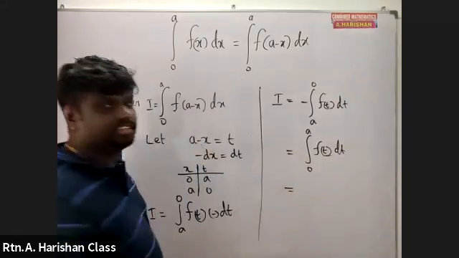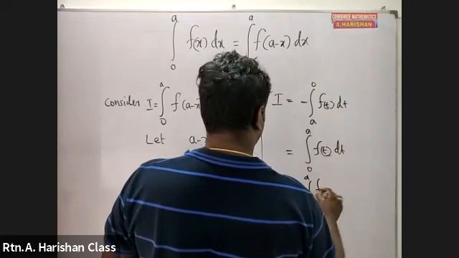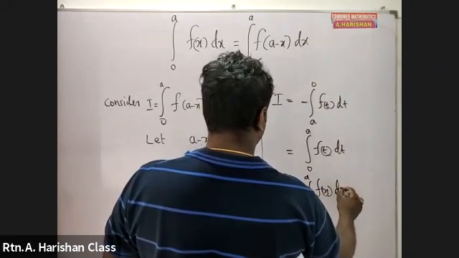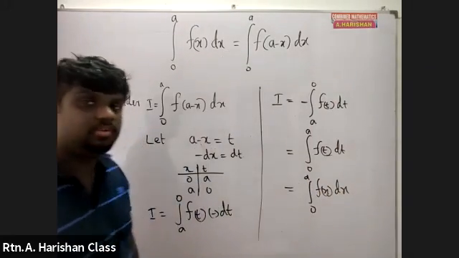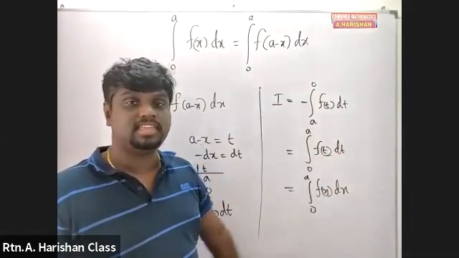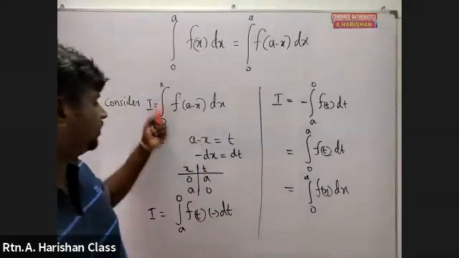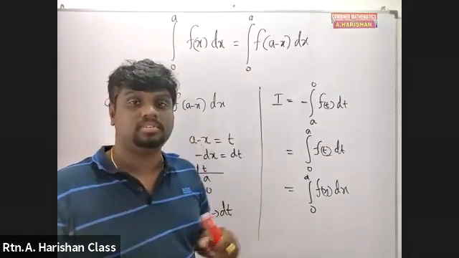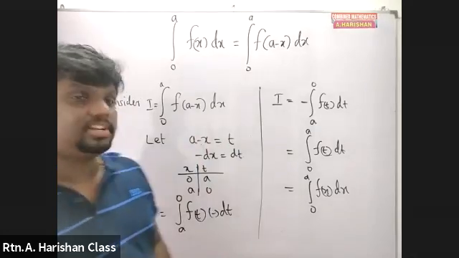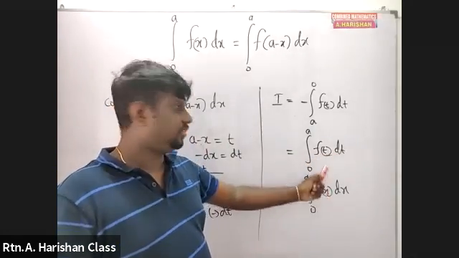So finally, I can write without hesitation 0 to a f of x dx. I can write without any problem because now you understand. Because with f t dt, some students may ask, f t dt means t equals x, no, but you took a minus something like that. They understood, okay, this is not equal to f t or anything.